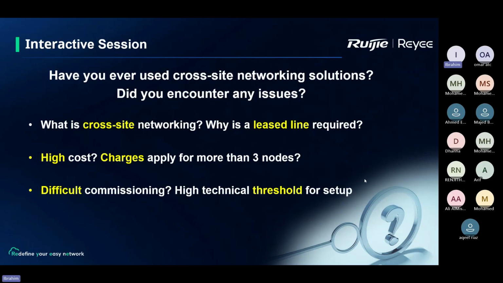Okay. So we were discussing the common issues that we get from connecting the branches together. So tell me, for example, what are the issues? If you are using other brands and you haven't heard today about SD-WAN, tell me, what is the common issue that you are facing when connecting branches together?